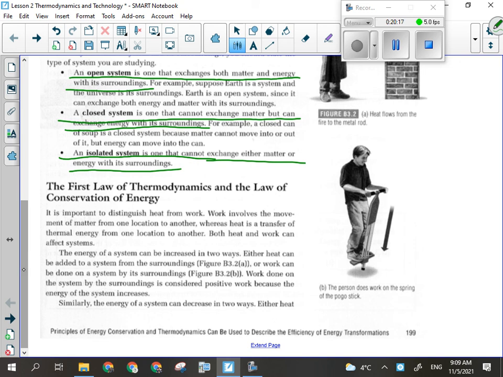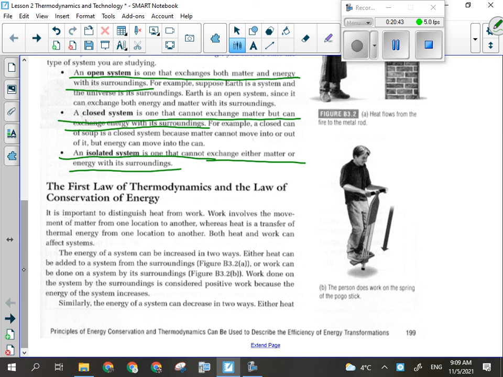Okay, so the first law goes, no, it's not even stated on that one. Okay, but anyway, the energy of a system can be changed in two ways: heat and work. All right, if you do work to a system, its energy will go up.